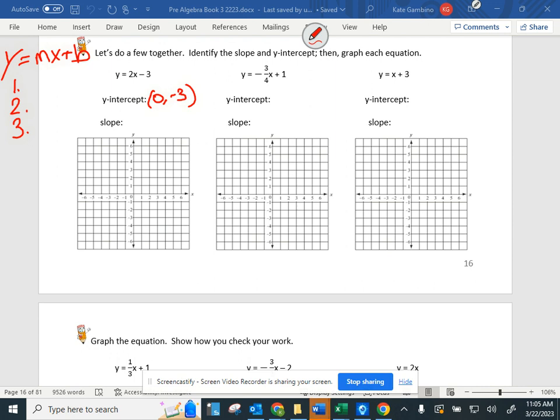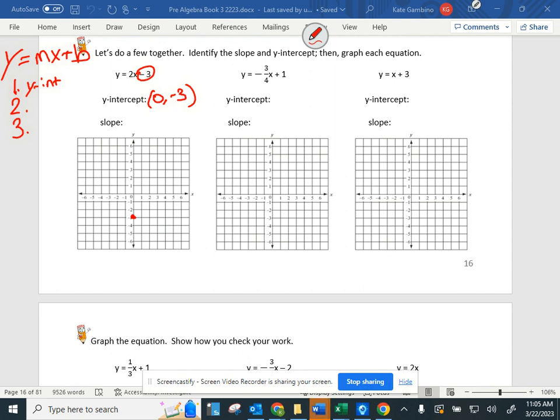So that's our first step, graphing the y-intercept. So remember, when we see that -3, it's minus b, not plus b, so that means it's going to be -3. So I'm going to graph that, 0, -3.